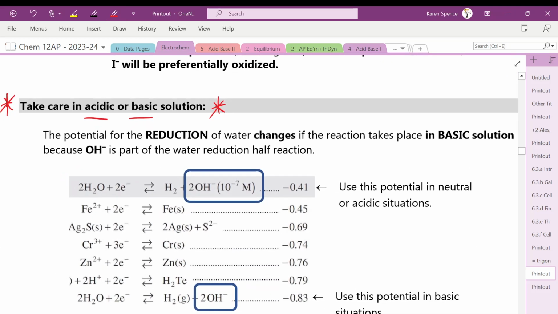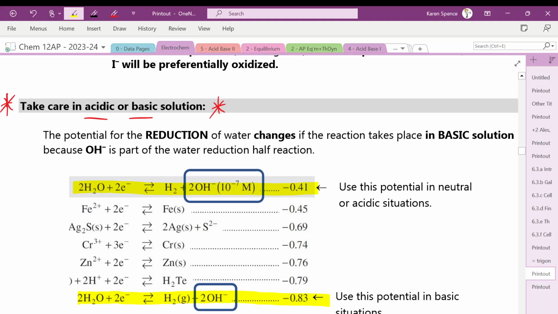I want you to look and see what we have here in the nice gray highlighted one. And down below it later on, what else do we have? Feel free to look that up on your chart. Oh, yes, we have two reductions of water.